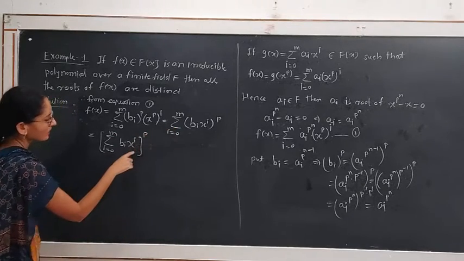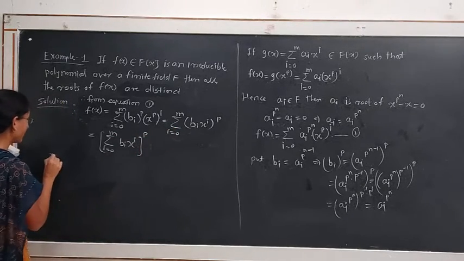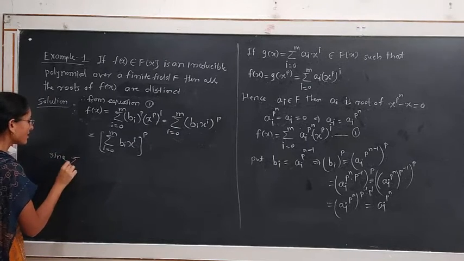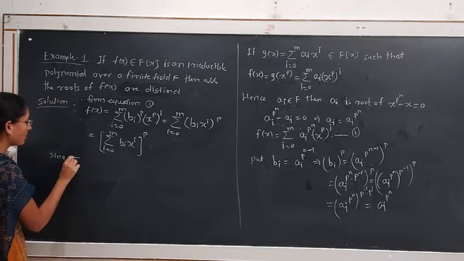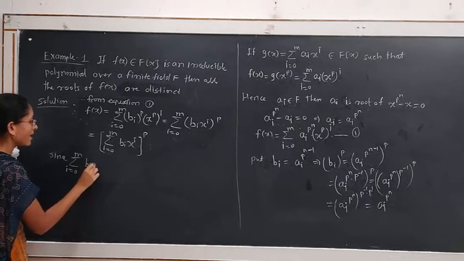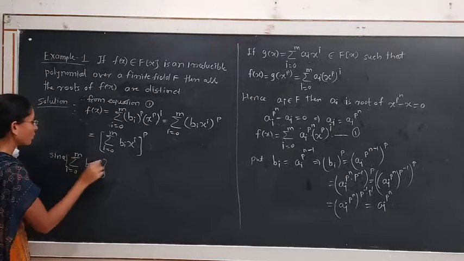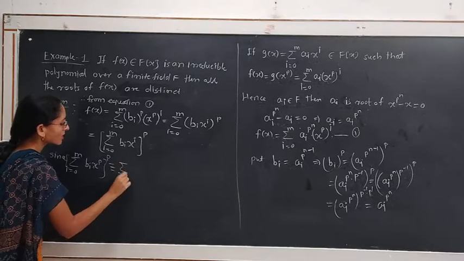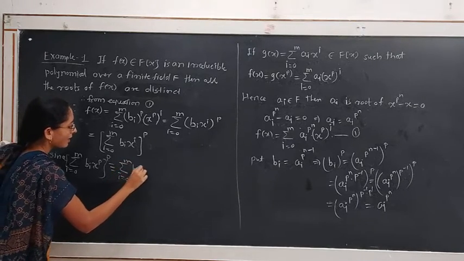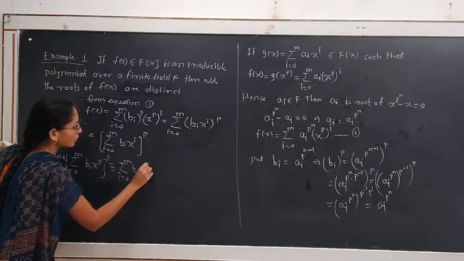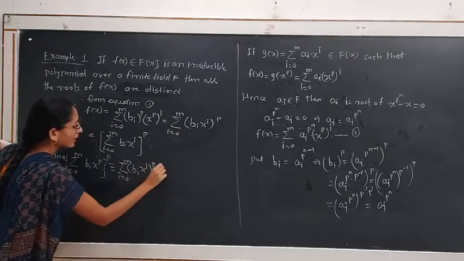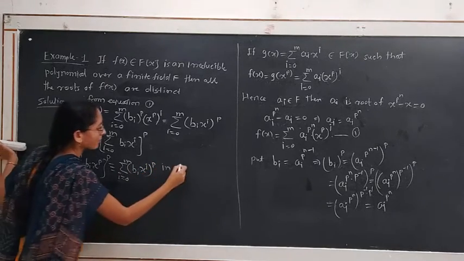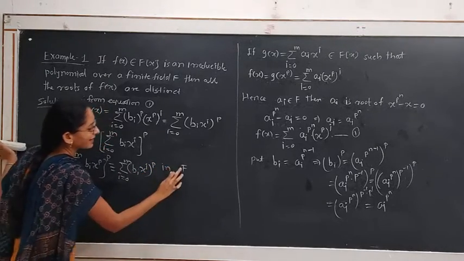Why is this term equal to this term? Since the sum i equal to 0 to m of bi x raised to p raised to p is congruent to this sum i equal to 0 to m of bi x raised to i, raised to p, in F having characteristic p.